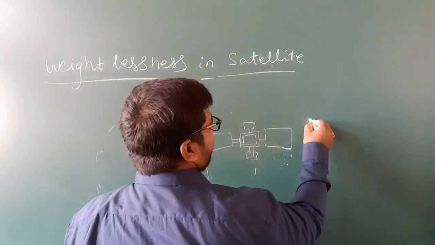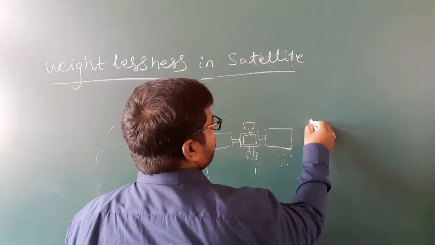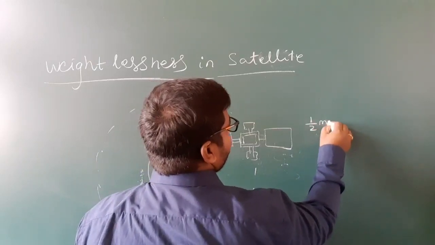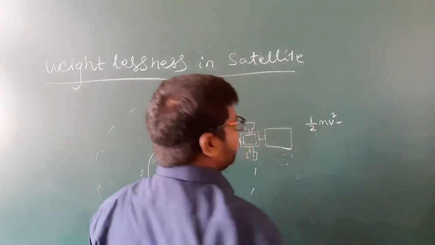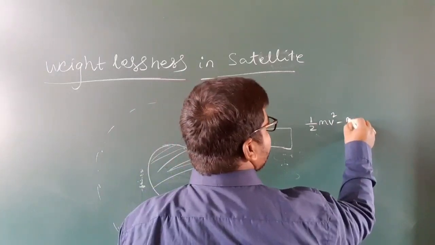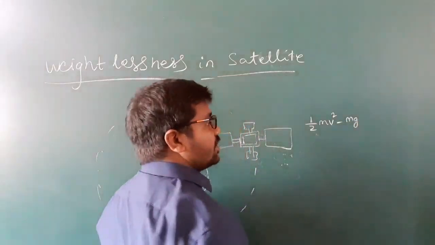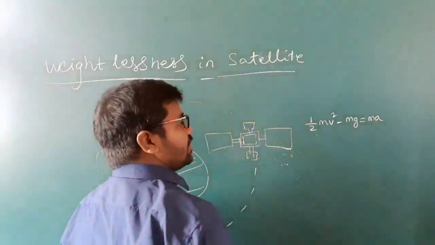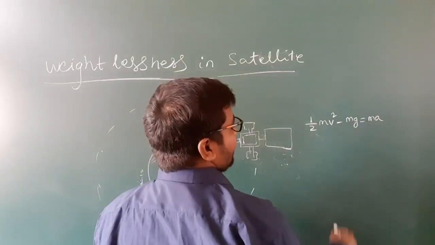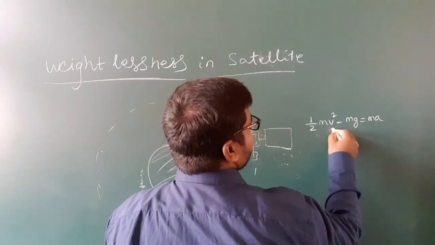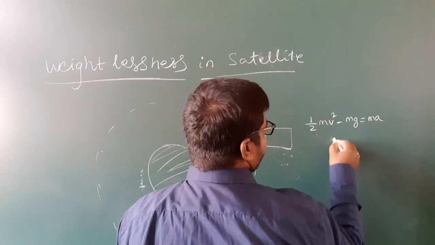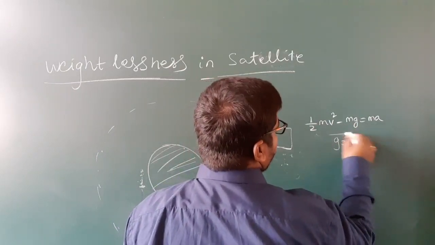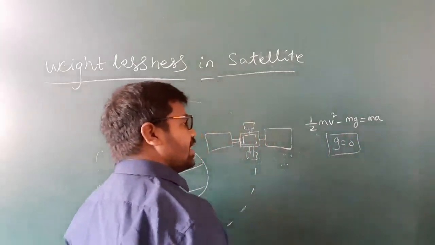Say here, mg minus N is equal to ma. Understand? In this case, if both are equal, we can get the g value as 0.